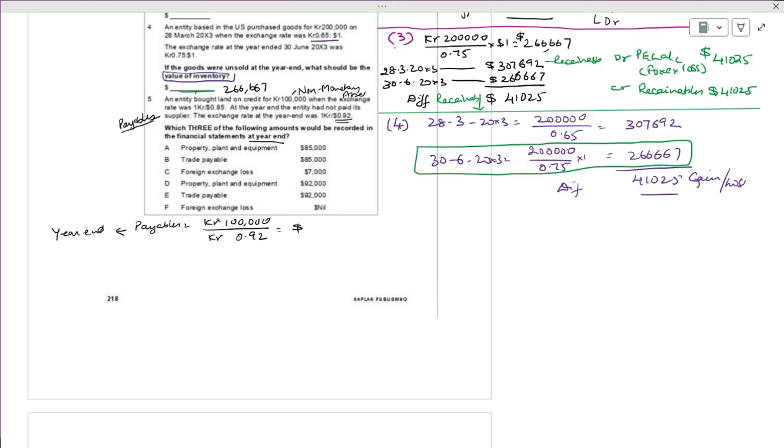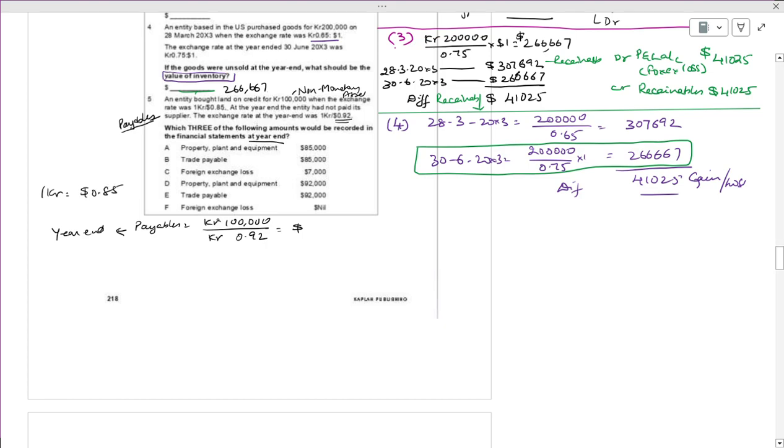An entity bought land for KR and the exchange rate was 1 KR equal to 0.85. At the year end, the entity has not paid the supplier. The exchange rate at the year end is 1 KR equal to this much dollar. 1 KR equal to 0.85.